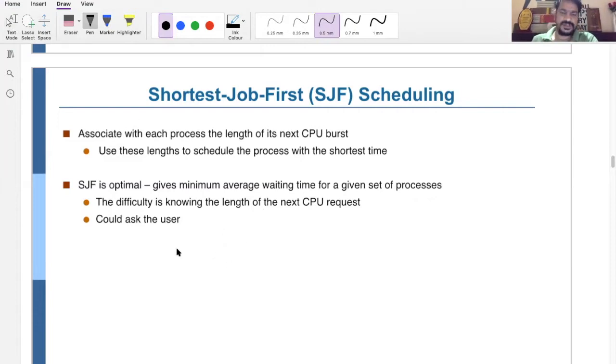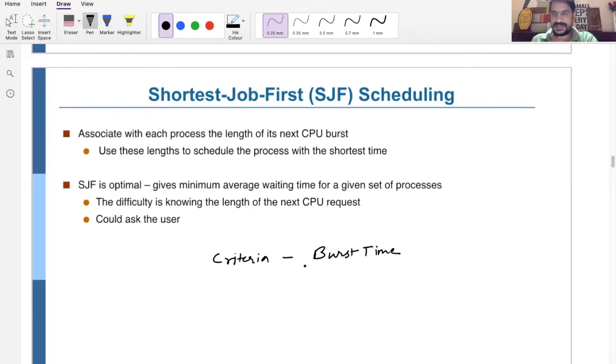In shortest job first, you can see the criteria is burst time. If at any particular point of time t, 3 processes are there, we find which process has the least burst time.